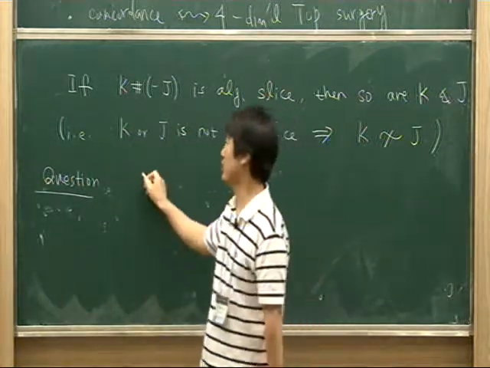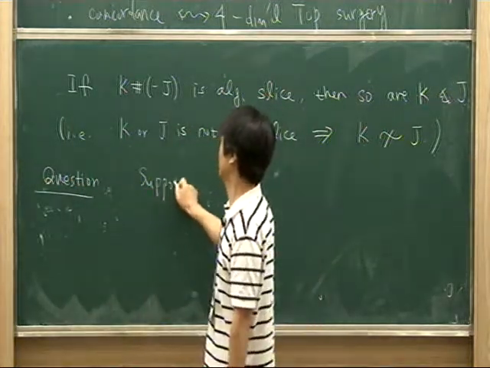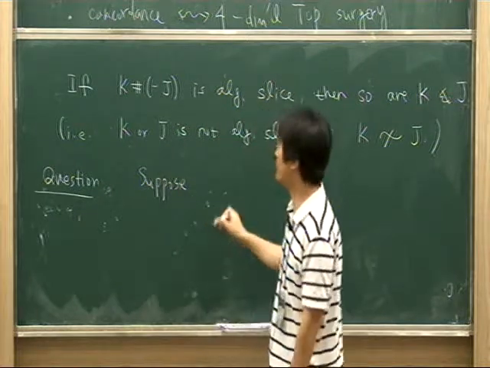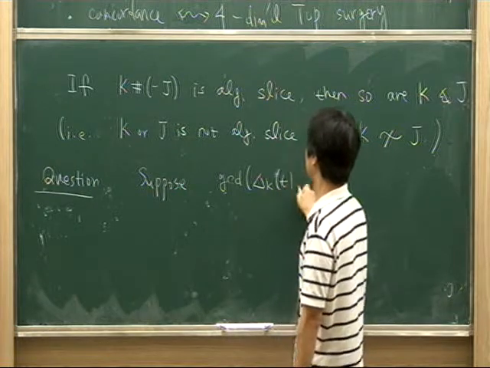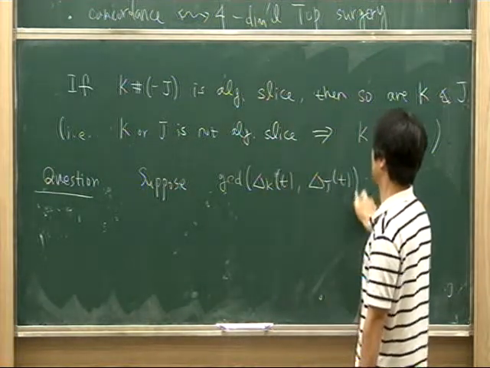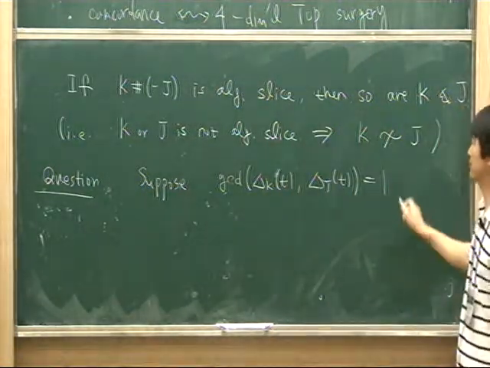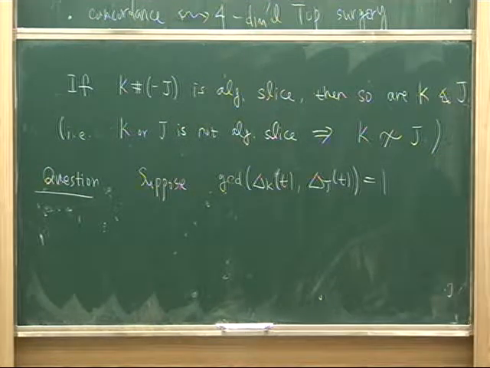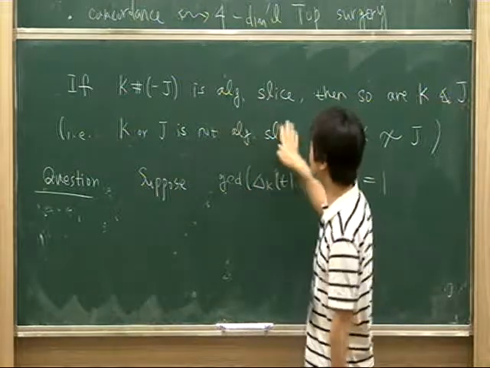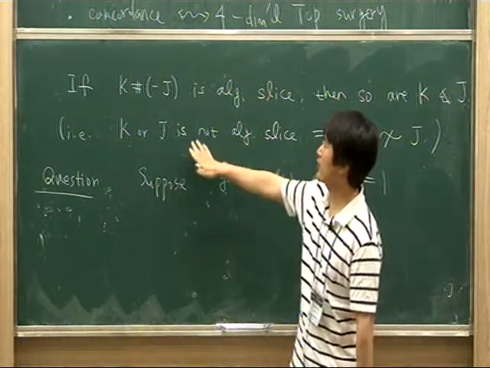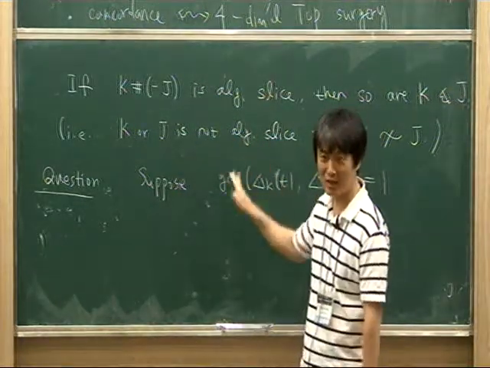The question is, suppose we have coprime Alexander polynomials. And furthermore, suppose either of the two knots is not just slice.